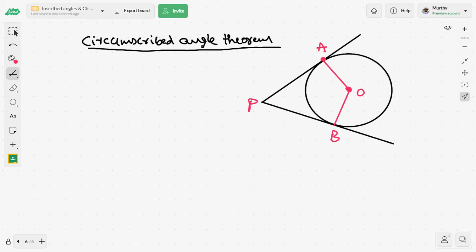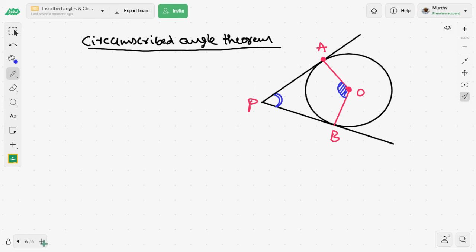Earlier we were talking about the arc's measurement and how it is related to the angle formed outside. But this time, angle P and the central angle, that is angle AOB, these two together make 180 degrees.